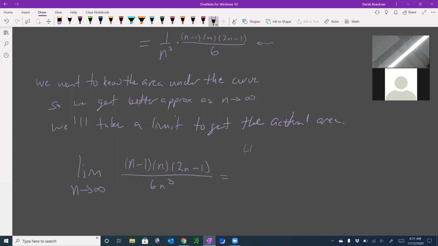The leading term up here is going to be 2n cubed, because I take the leading term of each of these factors and multiply them together to get the leading term of the entire thing. And the denominator only has one term, so that's n cubed. So this is 1/3. And the area under that curve from 0 to 1 is 1/3.